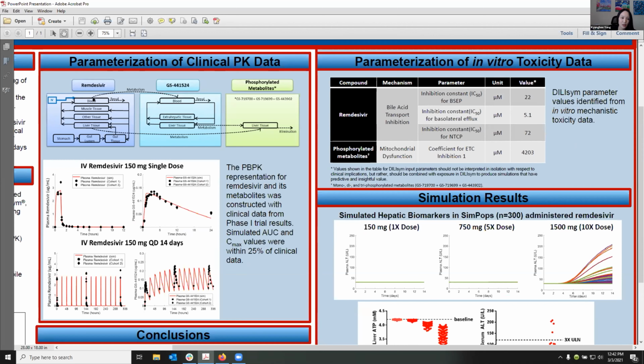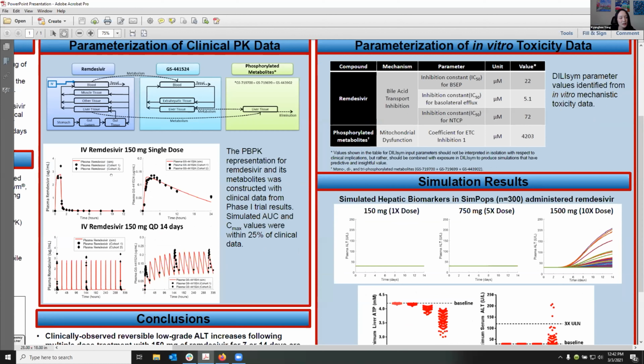After intravenous administration, it's quickly converted to the nucleoside analog GS441524, which is then taken up into the tissue and phosphorylated to form mono-, di-, or triphosphorylated metabolites. In our PBPK representation, we focus on the liver because we wanted to better understand the hepatotoxicity. We lumped all the phosphorylated metabolites as a single chemical entity here.